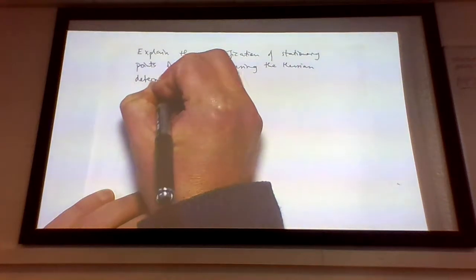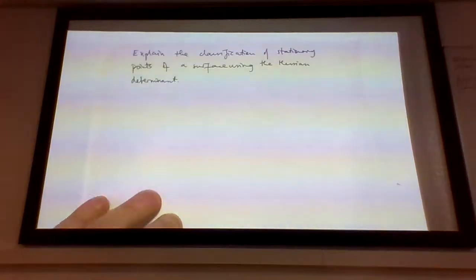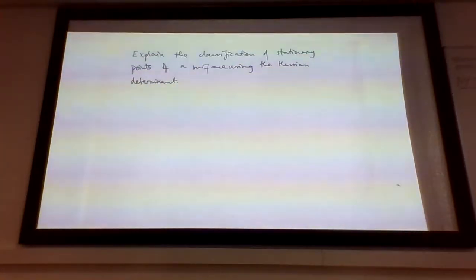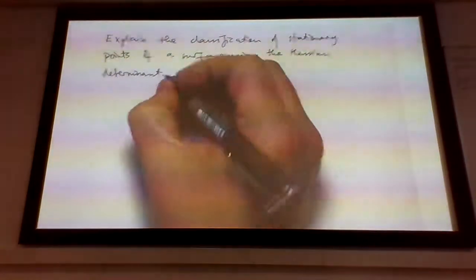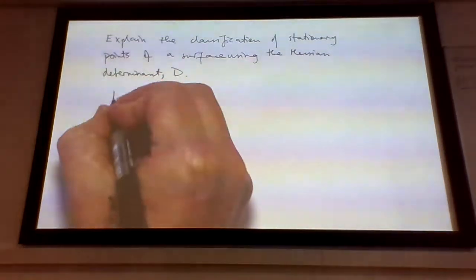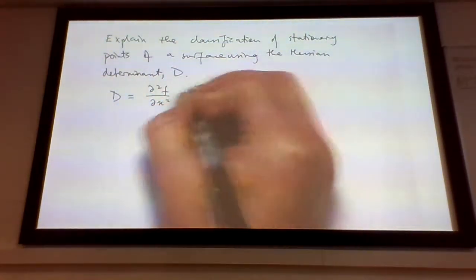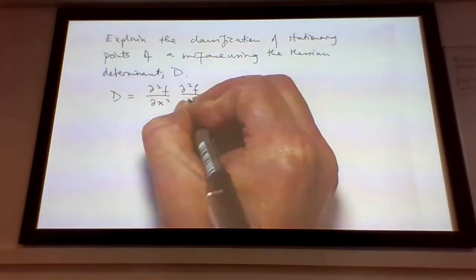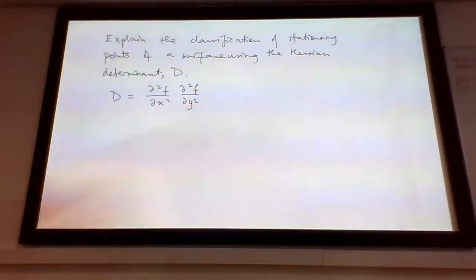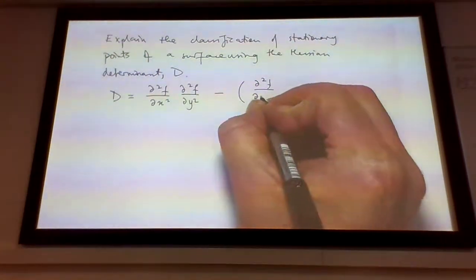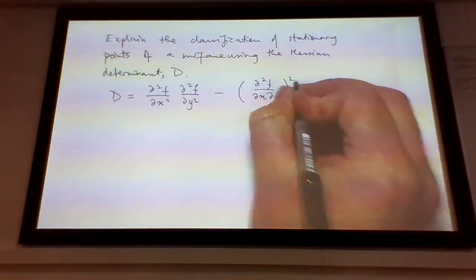This was how, when we found the stationary points to a function, we classified them into minimum, maximum, or a saddle point. So the Hessian determinant was this quantity D, which was the product of the two second-order partial derivatives d2f/dx² and d2f/dy², minus the square of the mixed second-order partial derivative.